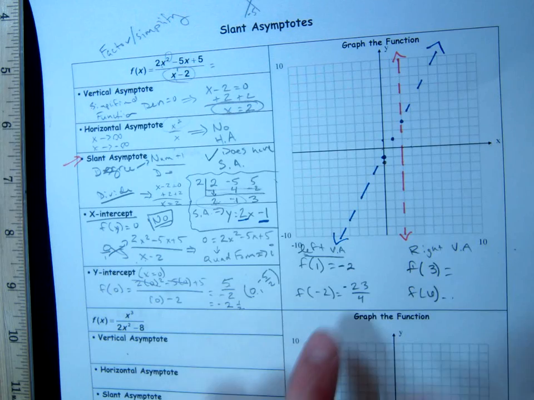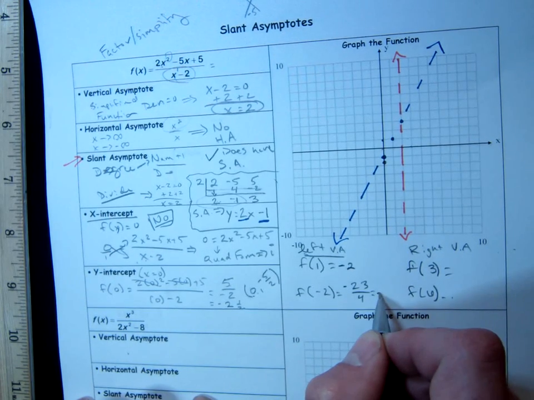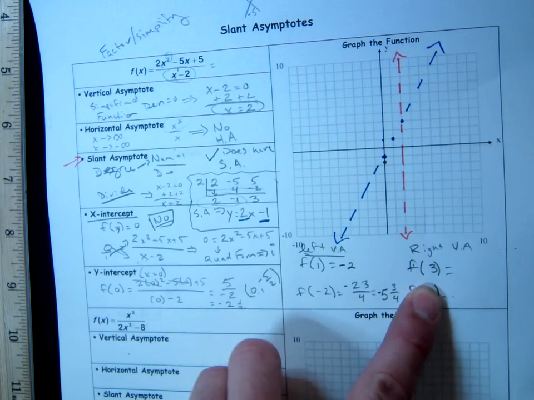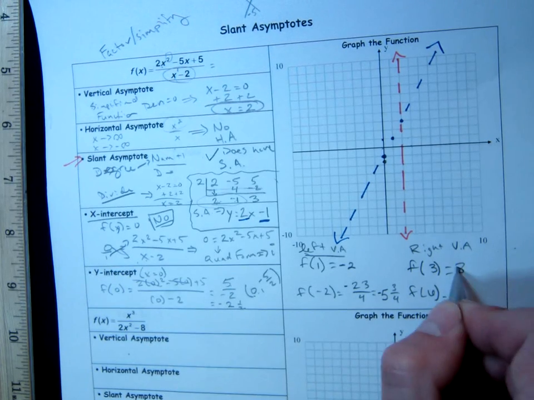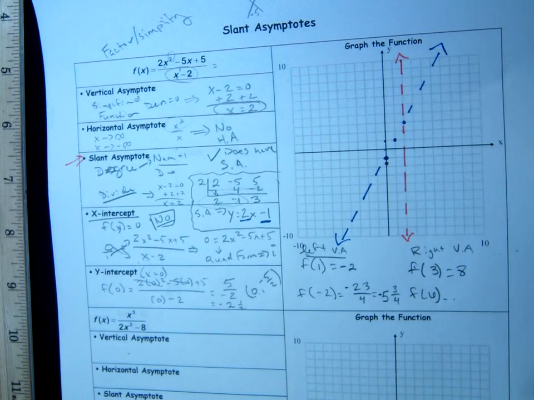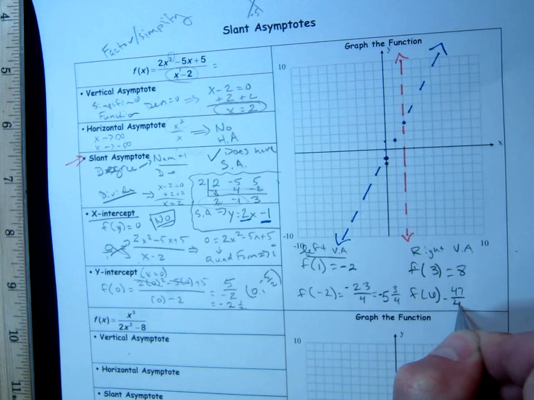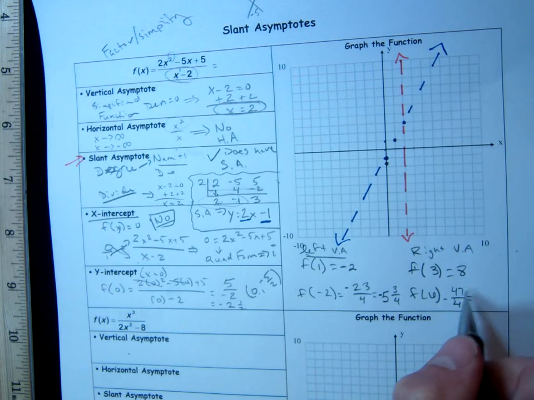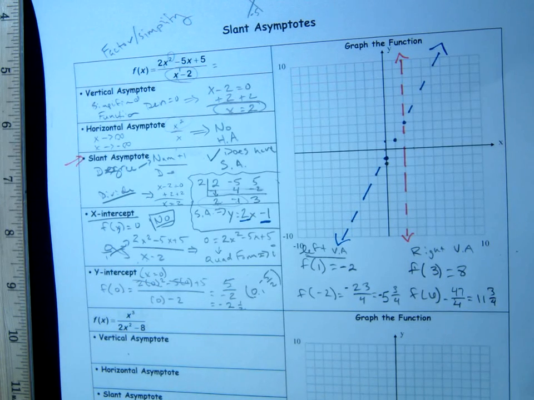It's negative 23 over 4, or since we're going to be graphing it, mixed numbers work out pretty well, so we would do negative 5 and 3/4. Anyone get f of 3? Okay, we got 8. And f of 6 looks like 47 over 4, which works out to 11 and 3/4, which is actually going to be a little off the graph, so we'll play this by ear a little bit.